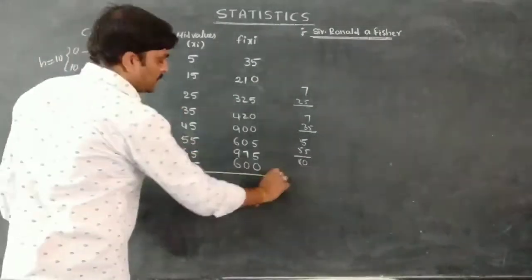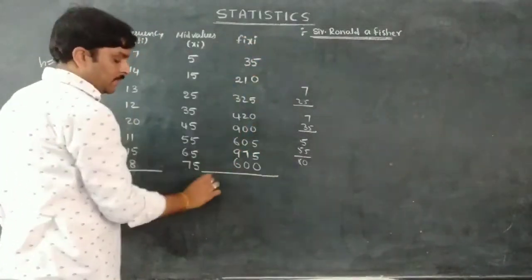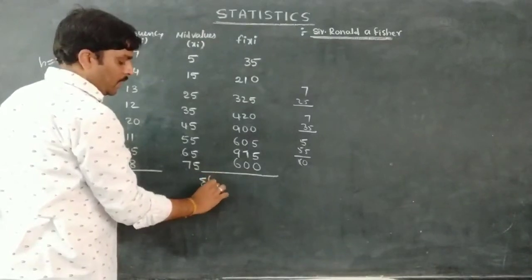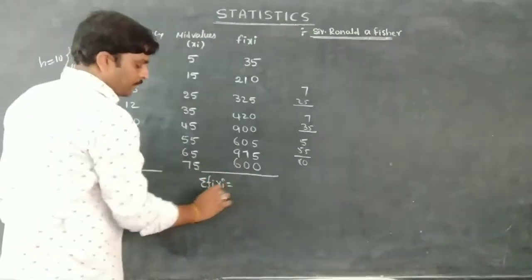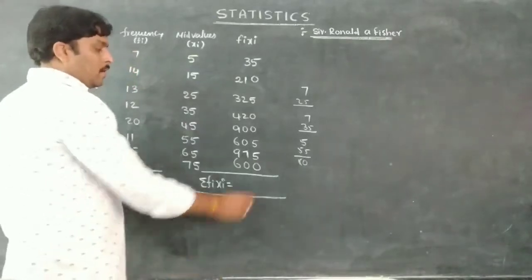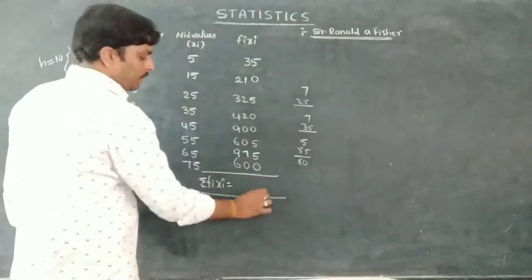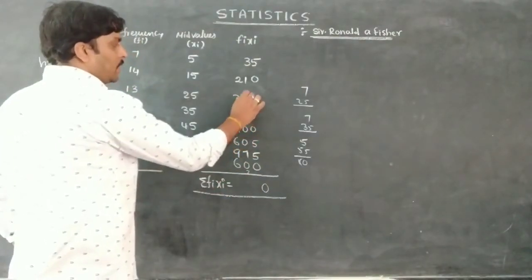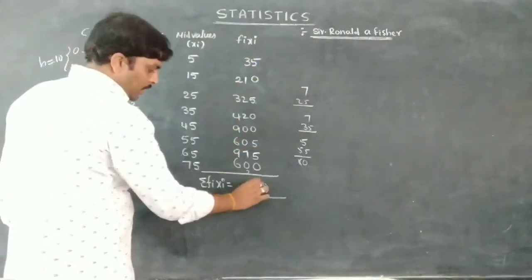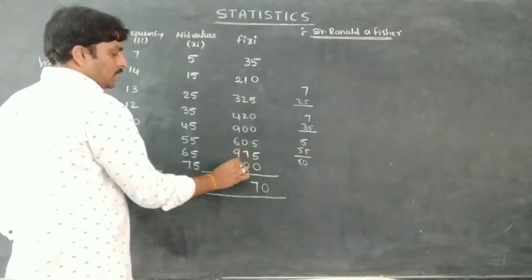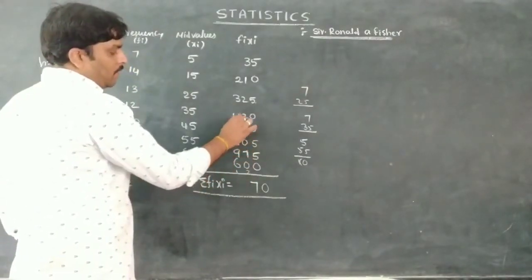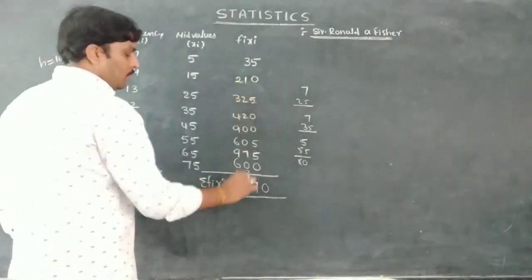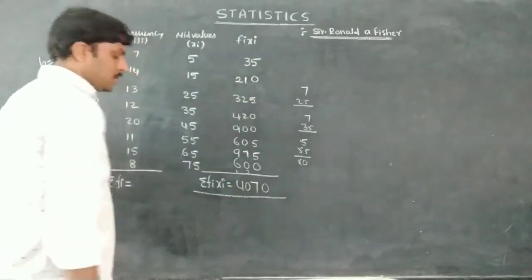Here this total is fi xi, sigma fi xi. This total we should add. We get 4070.